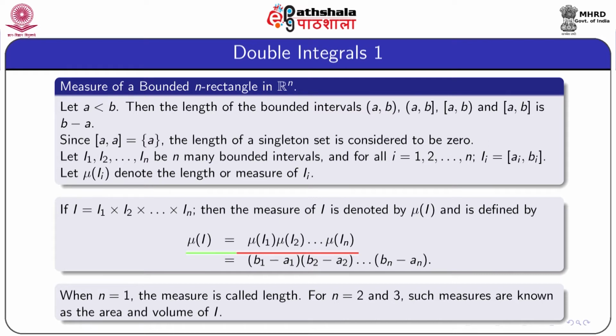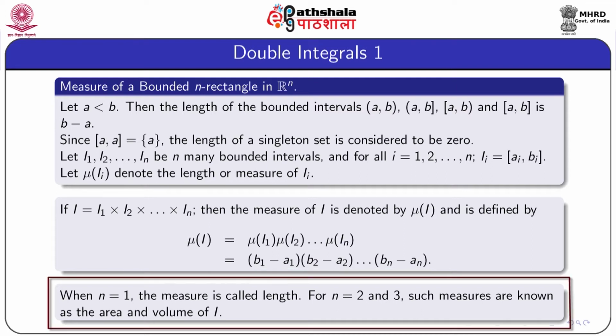Some books denote this by m(I) and it is usually defined by mu(I) equal to the product of the mu(I_i)'s, that is (b_1 minus a_1) multiplied by (b_2 minus a_2), multiplication continued up to the nth term, that is (b_n minus a_n). Whenever n is 1, we call this measure length. For n equal to 2, we call it area and for n equal to 3, we call it volume.